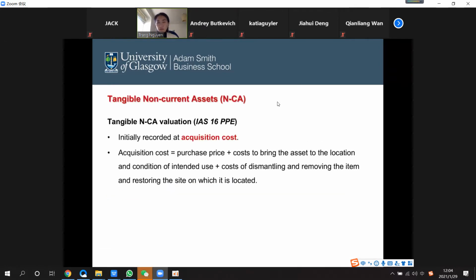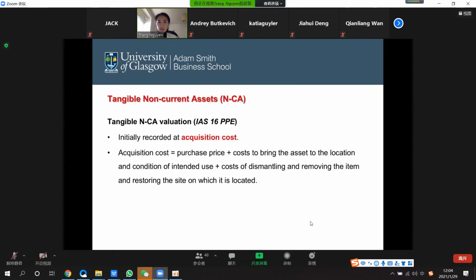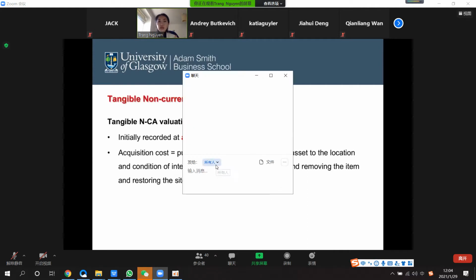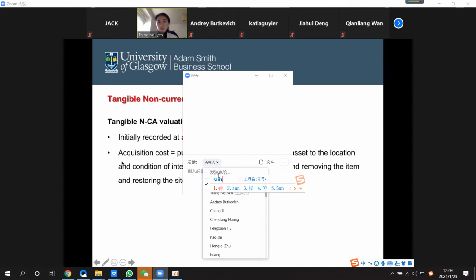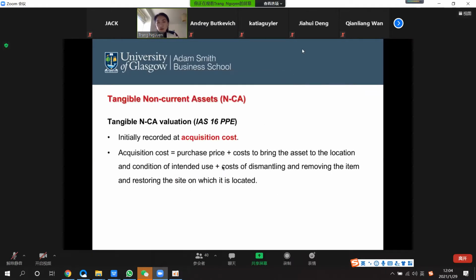So the first thing I want to emphasize is to calculate cost. To calculate cost, we have a formula to calculate acquisition cost. In general, acquisition cost, in short, is all costs that bring the non-current asset available for use.